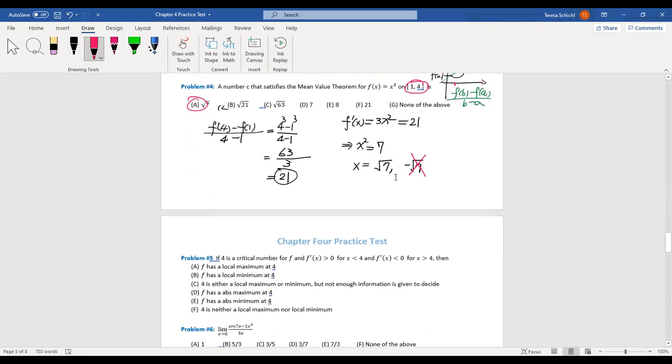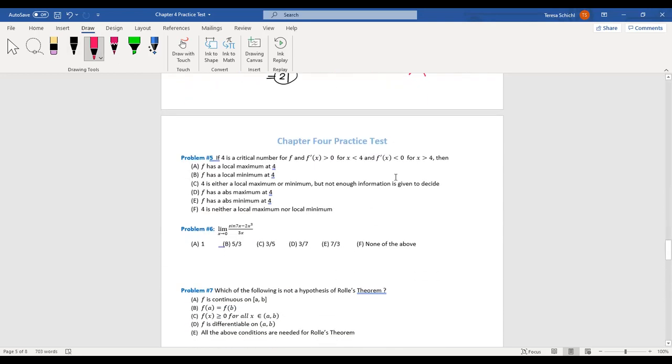Okay. Now let's take a look here. The number 5 here says f has a critical number at 4, and f prime of x is greater than 0 for x less than 4. So let's put this at 4. So this is greater than 0, and this is f prime of x, right?